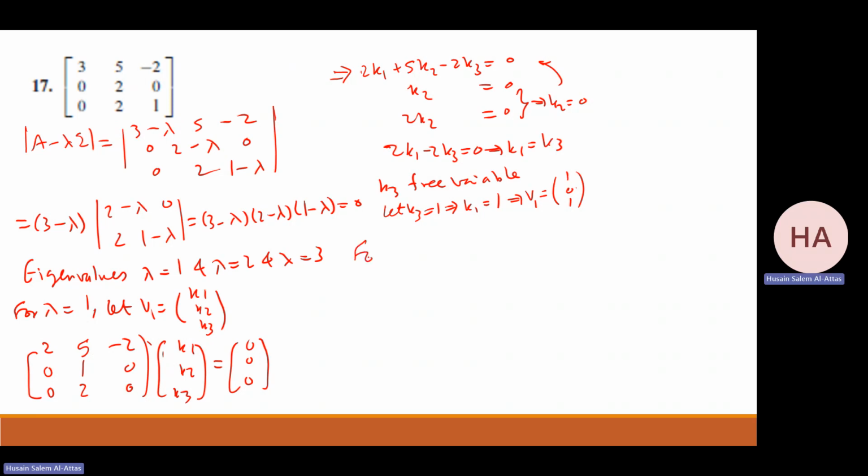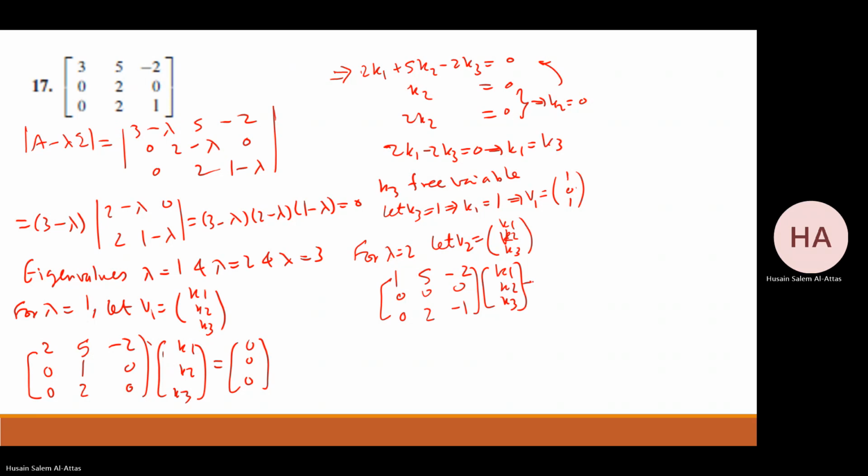Now for lambda equal 2, let me see what will happen. I'm looking for this v2. So I have 1, 5, minus 2; 0, 0, 0; 0, 2, minus 1, times k1, k2, k3 equal 0, 0, 0.